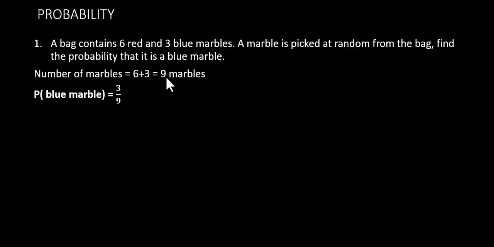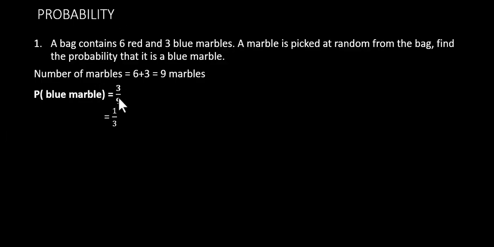So the probability of picking a blue marble is 3 over 9, since when we add up everything, we get 9 marbles. Then we simplify it further. When we divide 3 into 3, it's 1.